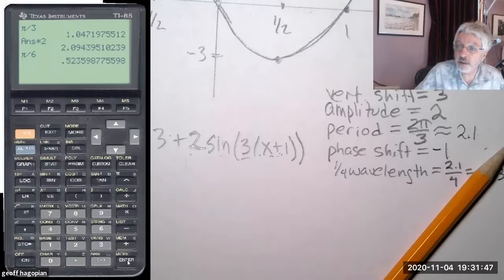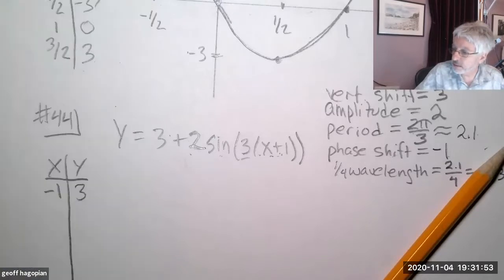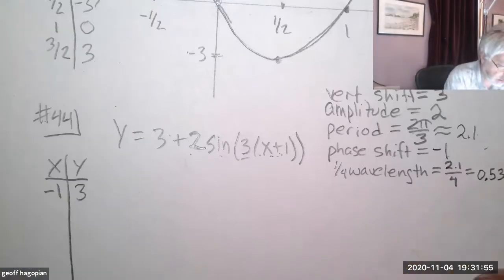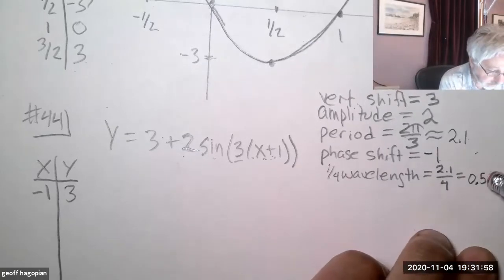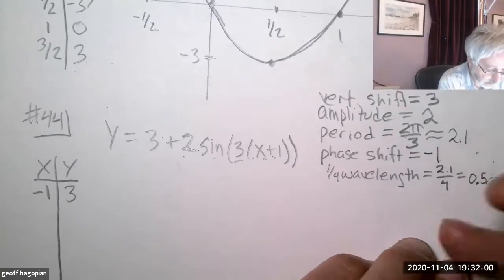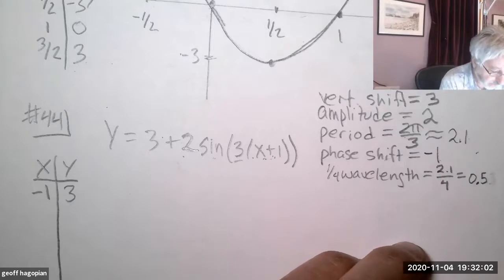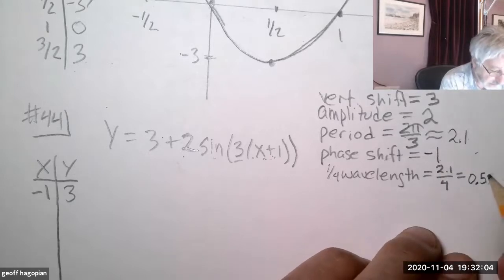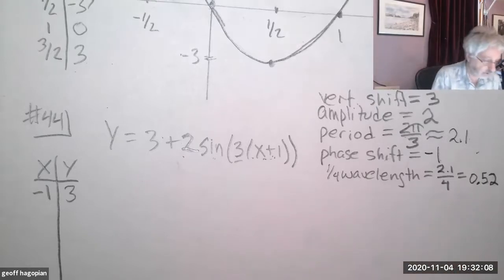Actually closer to 0.52, huh? Yeah, a little bit of a rounding error. Okay, so maybe I'll change that here then. This is actually closer to, see, I rounded up the 2.1 and I rounded up the 0.025, and so I got more than I should have, right? So it's actually closer to 0.52.